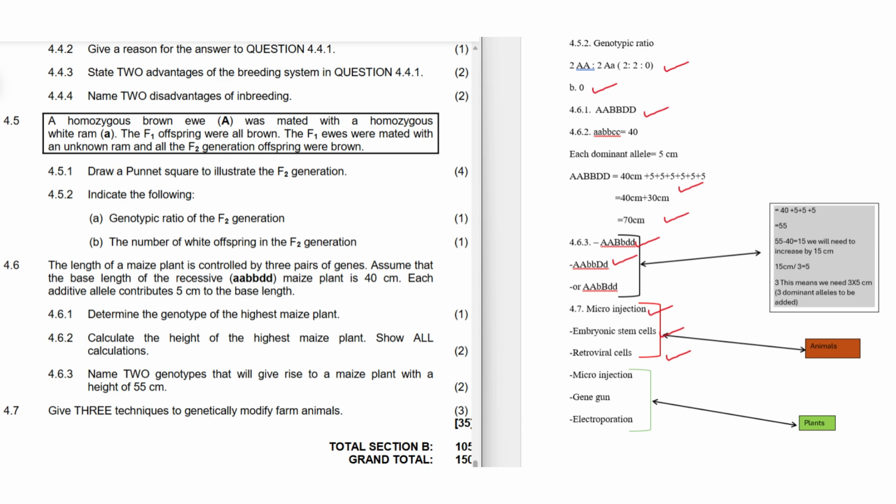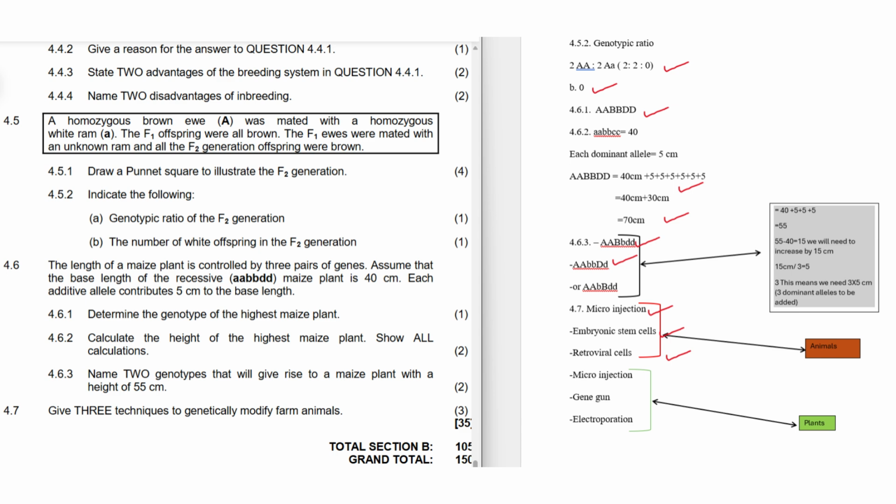Then we have 40 centimeters plus 5 plus 5 plus 5 plus 5 plus 5 plus 5. So it equals 40 centimeters plus 30, and it equals 70 centimeters. Right.